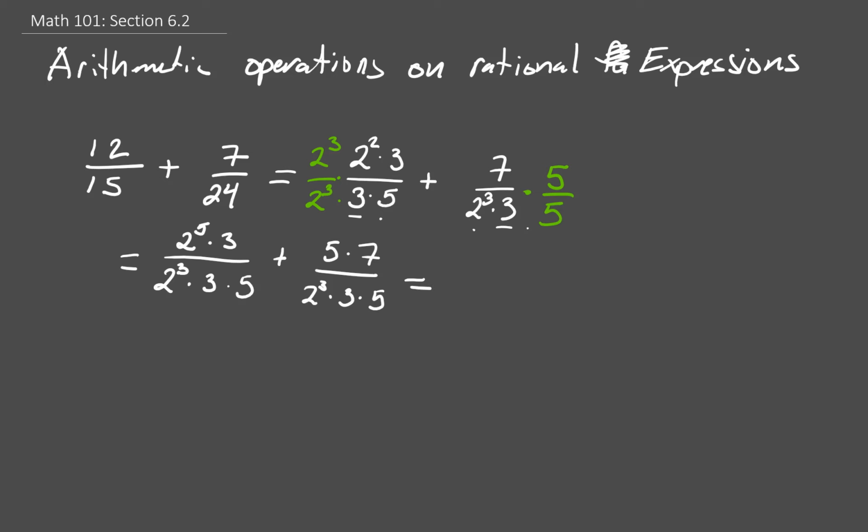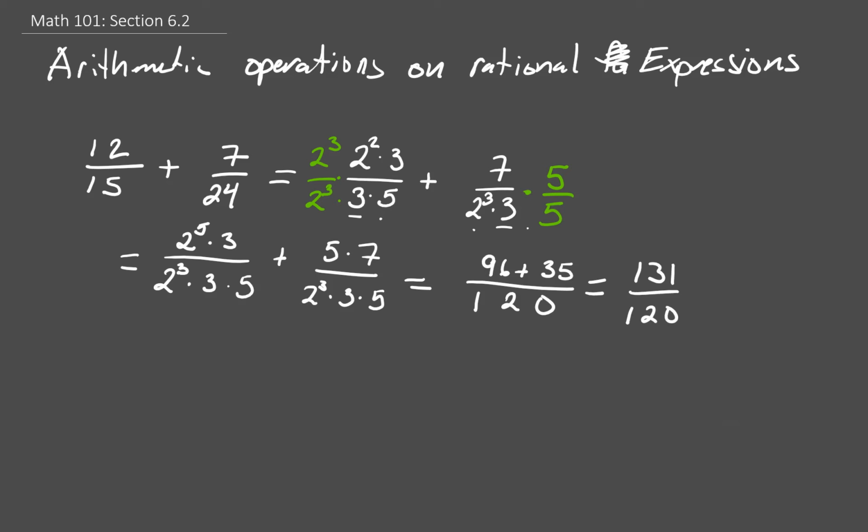So this is going to be 32 times 3 is 96 plus 5 times 7 is 35 divided by 8 times 3 times 5 is 120. So if I add this up, I get 131 over 120. And there we've got our addition of fractions, right?